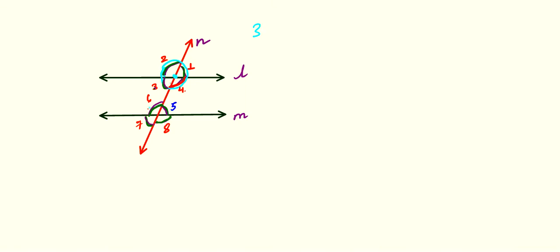Clear? Then you are having adjacent angles, just like angle 1 and angle 2. These two are adjacent angles. So angle 1 plus angle 2 will be equal to 180 degree. Then angle 1 plus angle 4, this is also equal to 180 degree.